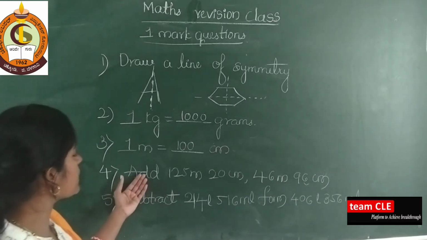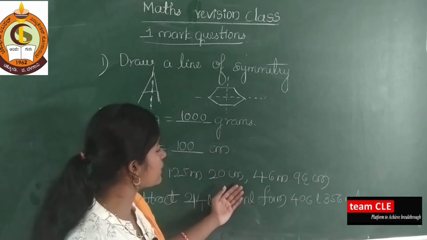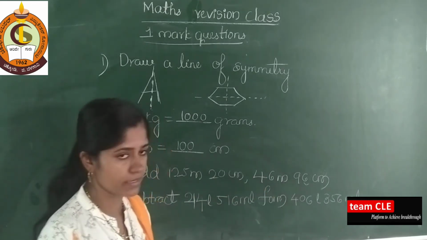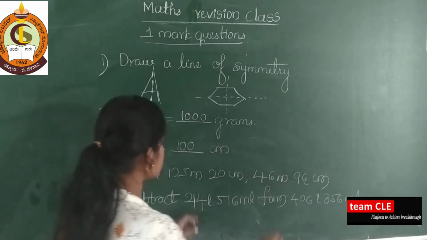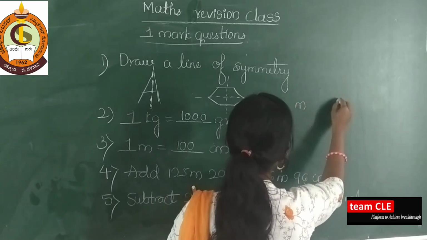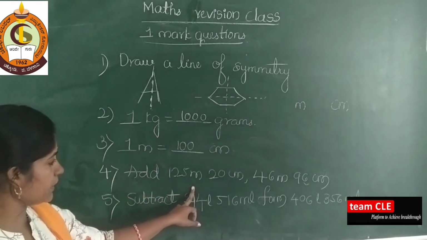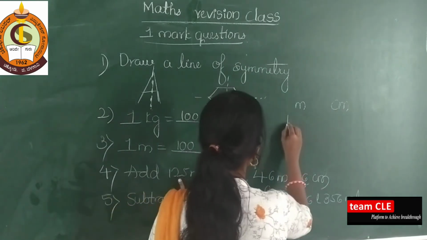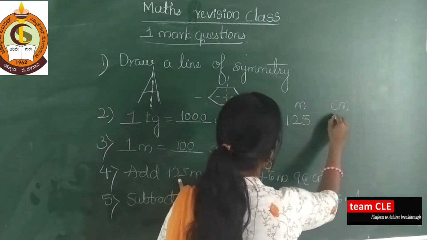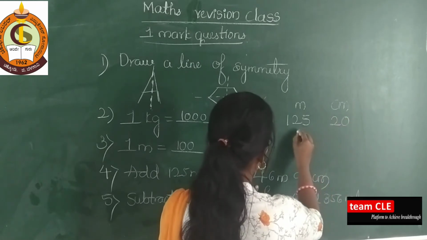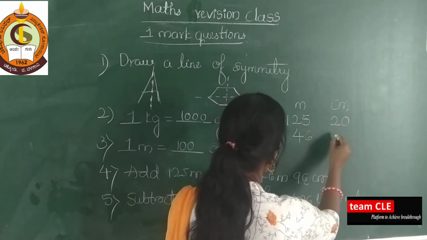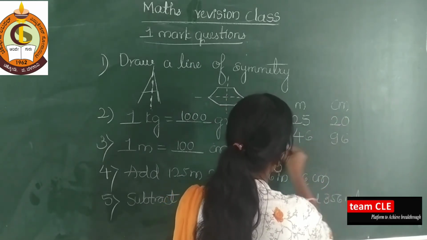So next question is add 125 meter 20 centimeter and 46 meter 96 centimeter. First you have to write meter and centimeter. You write meter one side and centimeter one side. 125 meter 20 centimeter. Next 46 meter 96 centimeter.